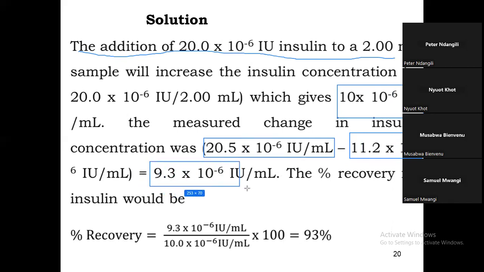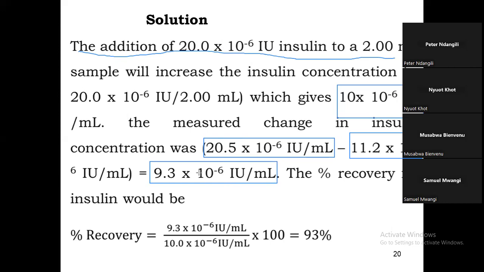This is giving us the detectable concentration of our spiked insulin. This is how much we are able to recover. This is how much of the spiked concentration we are able to detect.